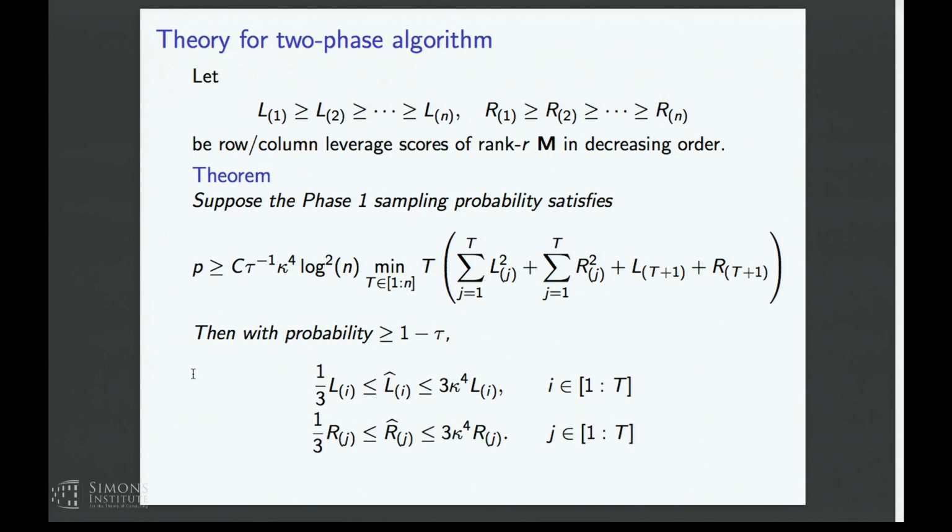What this says is, if there are only a small number of row and column leverage scores that are bigger than the rest of them, then we can estimate those few big ones and gain a factor, and the sample complexity will be smaller than that of matrix completion because those big numbers get squared here. So they get squashed down, and only the t plus first largest leverage score comes into play without a square in the sample complexity.